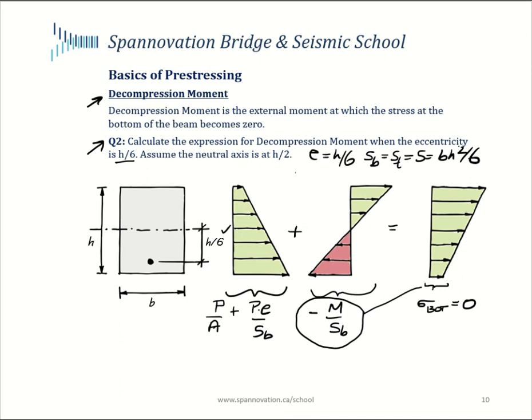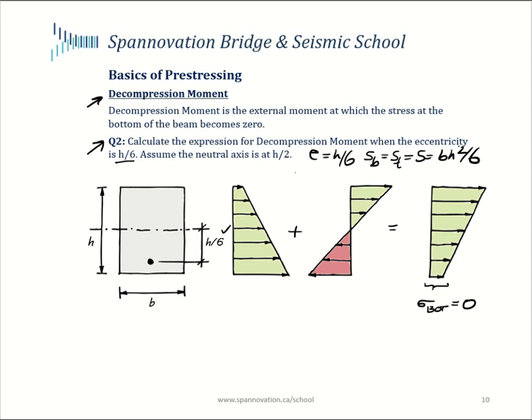So let's do that. And just to create a bit more space for us, I'm going to use the eraser over here and get rid of these and quickly write that expression again. So sigma bottom is equal to P/A plus P times e divided by S minus M/S is equal to 0.